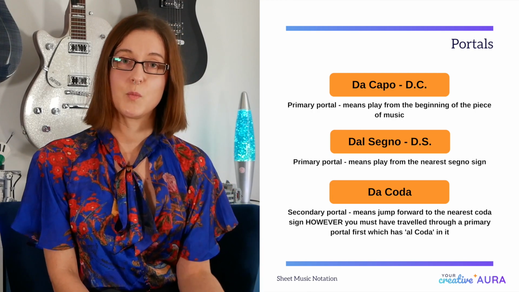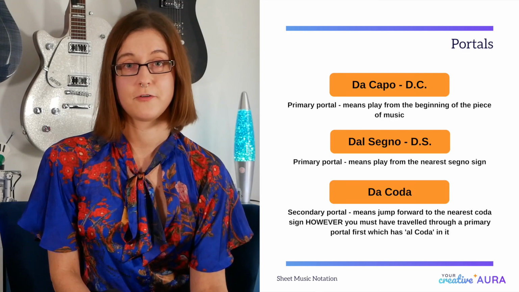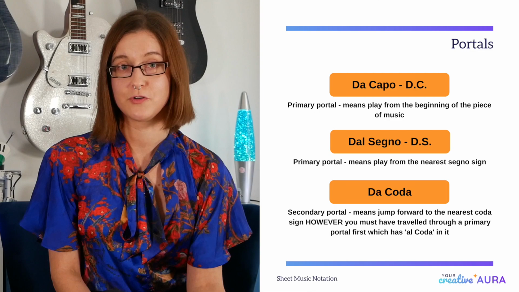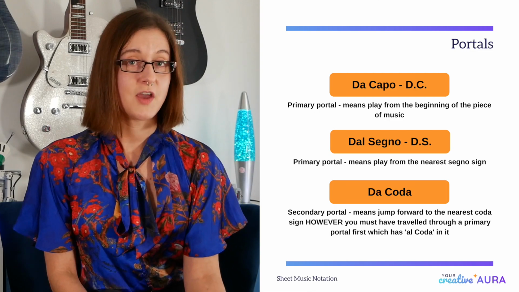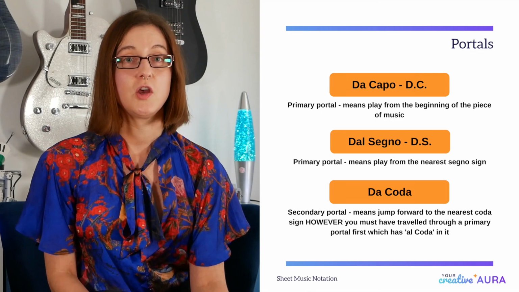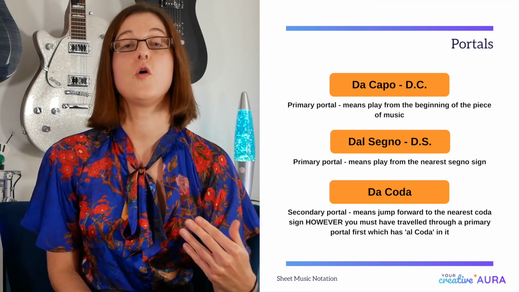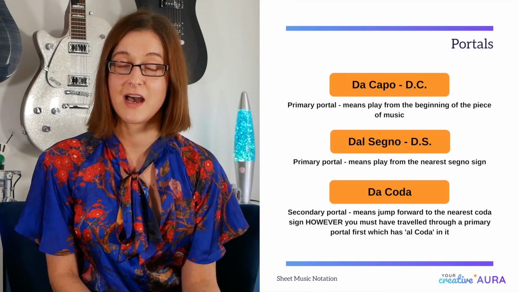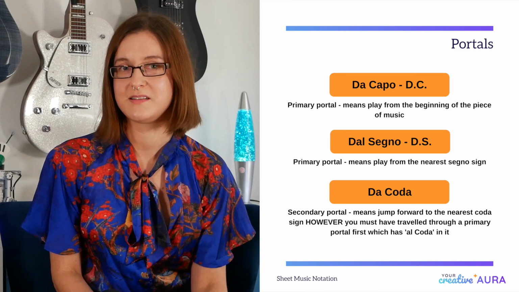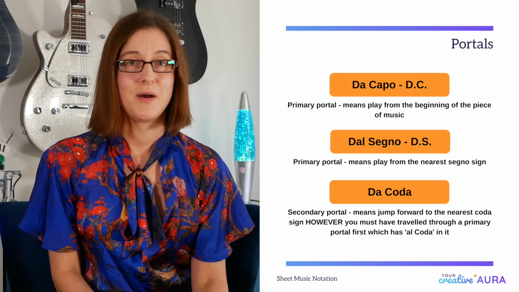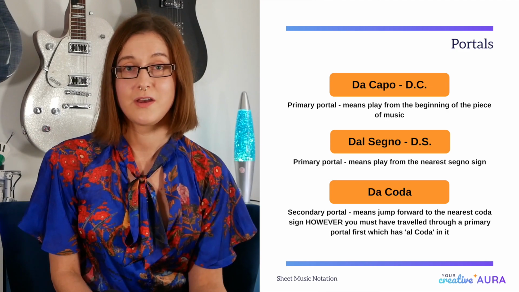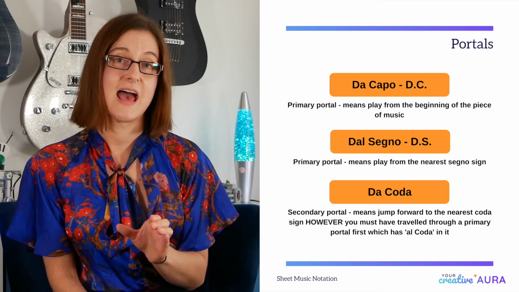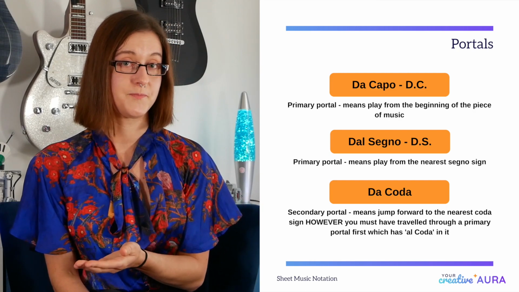Lastly, we have da coda, which means from the tail, from the end, and it is a secondary portal. By using da coda on sheet music, you're telling the performer to jump forward to an ending passage marked by a coda sign, which is also a midway destination. However, for this portal to work, you have to have travelled through a DC or DS portal first.